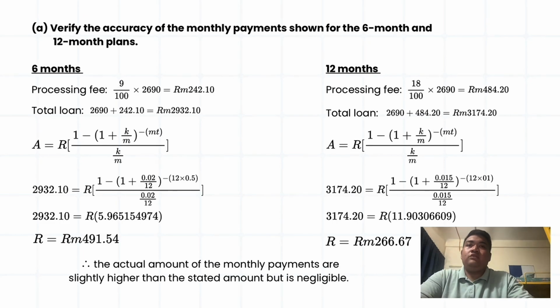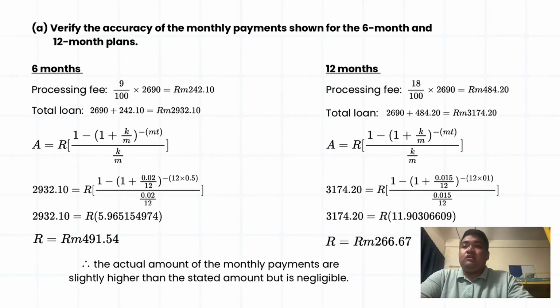In order to get the total loan, we add the original price of the laptop and the processing fee, and we get the answer 3,174 ringgit and 20 cents. We use the same formula, and after substituting all the information, we get R equals 263 ringgit and 67 cents.